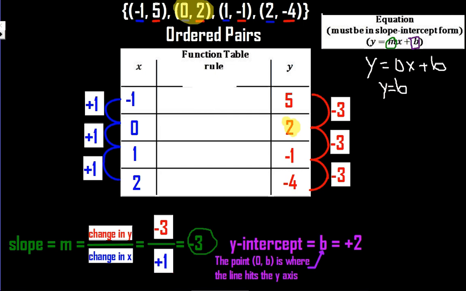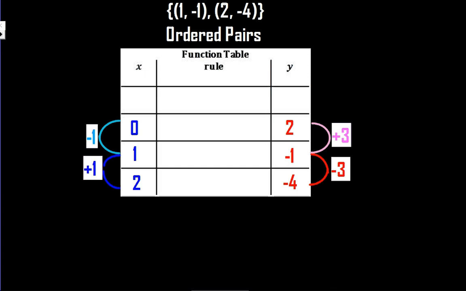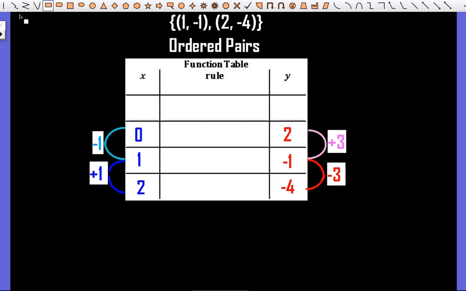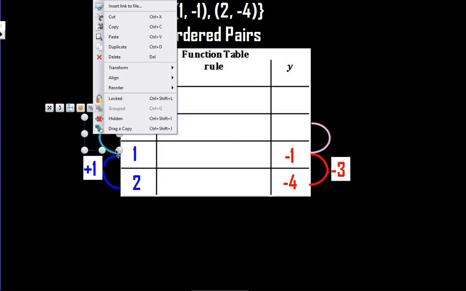Now, same ordered pairs, same everything. What happens if you are not given the point? Let's see if we can cover this up real quick. Let's say you only have these two ordered pairs.